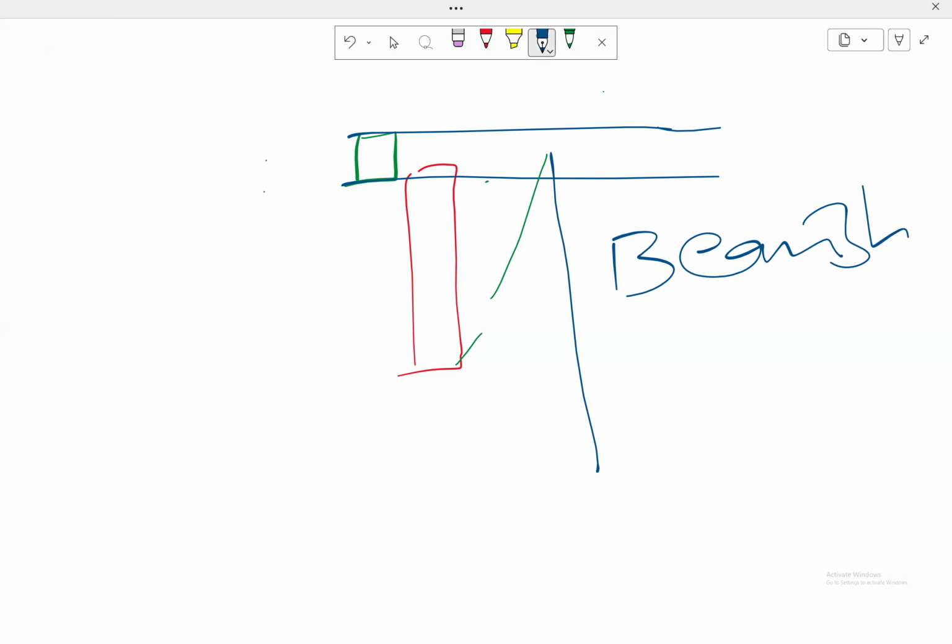The last bullish candle before the bearish move is your order block. And a bullish order block is the last bearish candle before the impulsive bullish move.